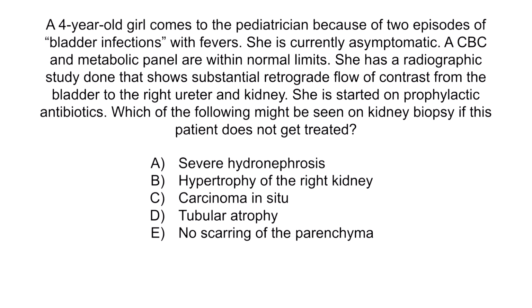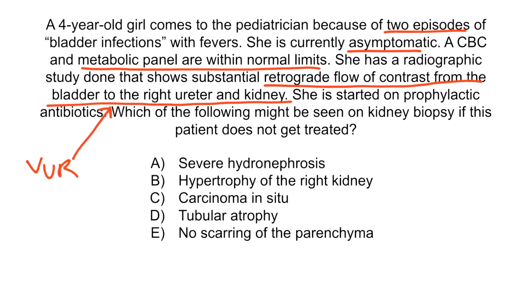Now, this is a child with 2 episodes of pyelonephritis, but she's currently asymptomatic, and she has normal kidney function as evidenced by her normal metabolic panel. But she has a study that shows substantial retrograde flow of contrast from the bladder to the right ureter and kidney. This should help you figure out that this young girl has vesicoureteral reflux.